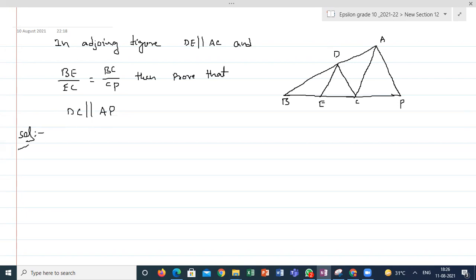Hope you understood the diagram and given data. How to proceed with this one? First, which triangle do I have to start with?